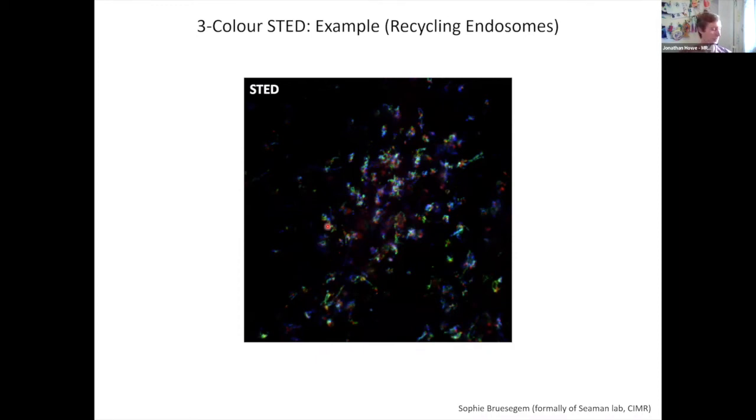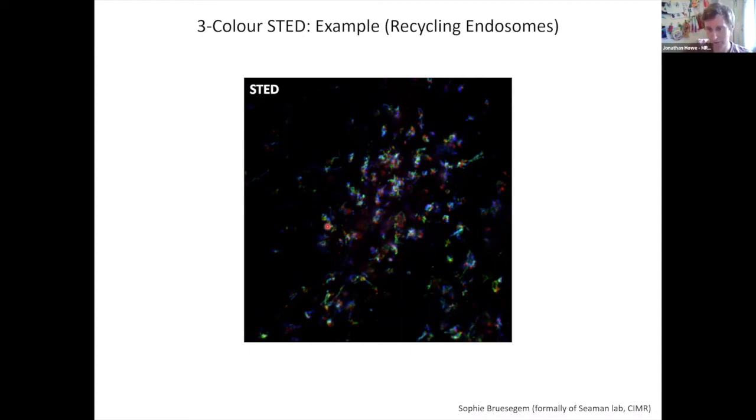And actually this highlights an important thing, which is when you go to super resolution, your resolution is improved, but it's important to do control experiments to ensure that the chromatic aberration in the system is not imposing a mislocalization of the proteins. This has been done on this data set, so it's already been corrected.